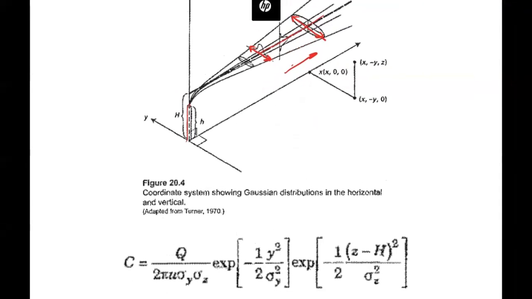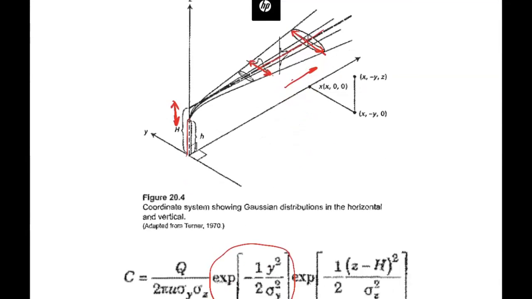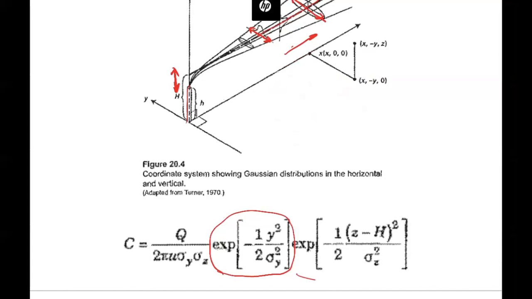Along the y direction, you can see that the concentration is at the highest at the center, lowest at the outer rim, right? So that's why we have this exponential term here. This is a Gaussian distribution. At the same time, along the z-axis, we also have this Gaussian distribution.